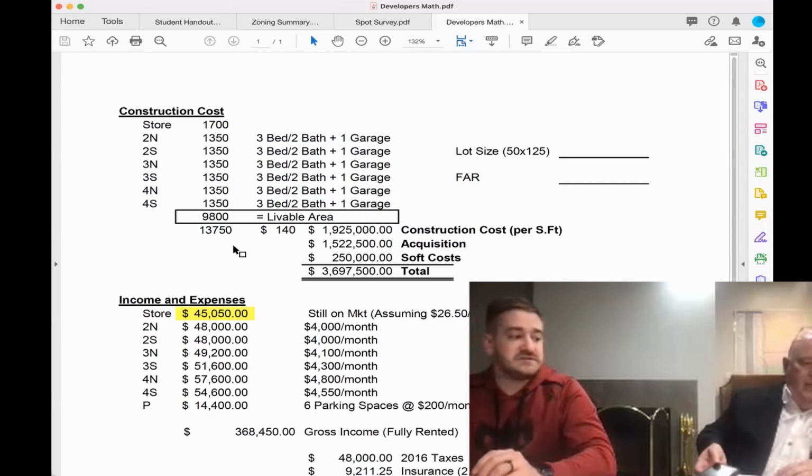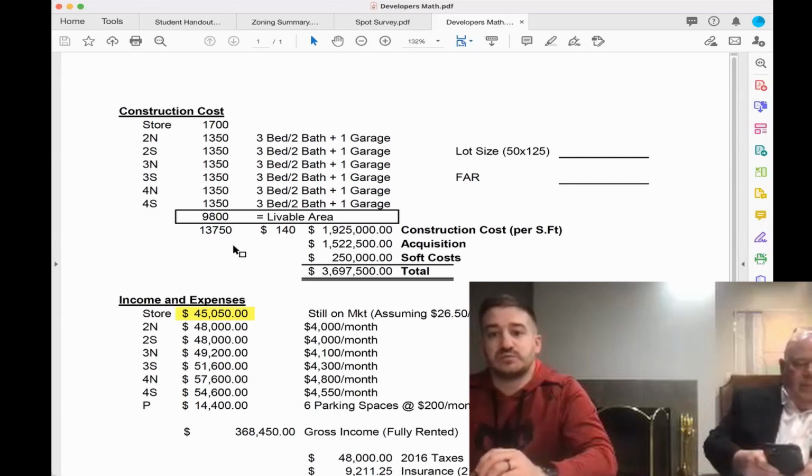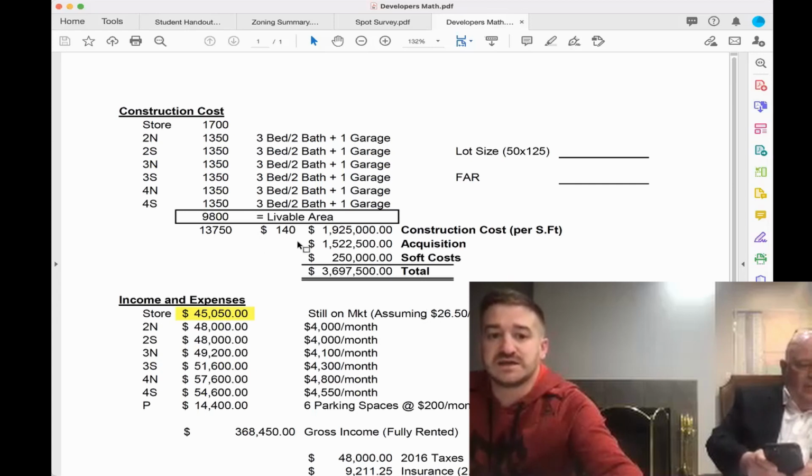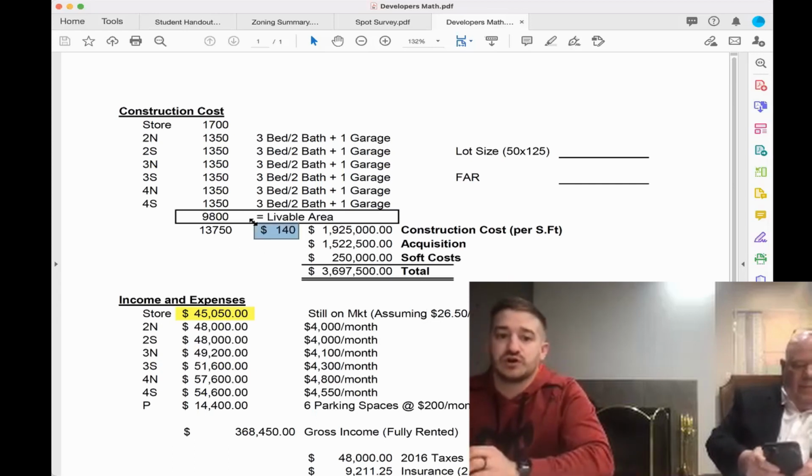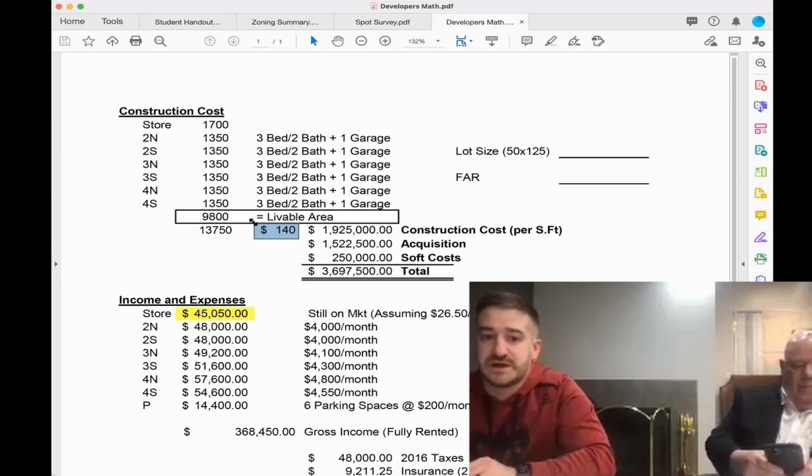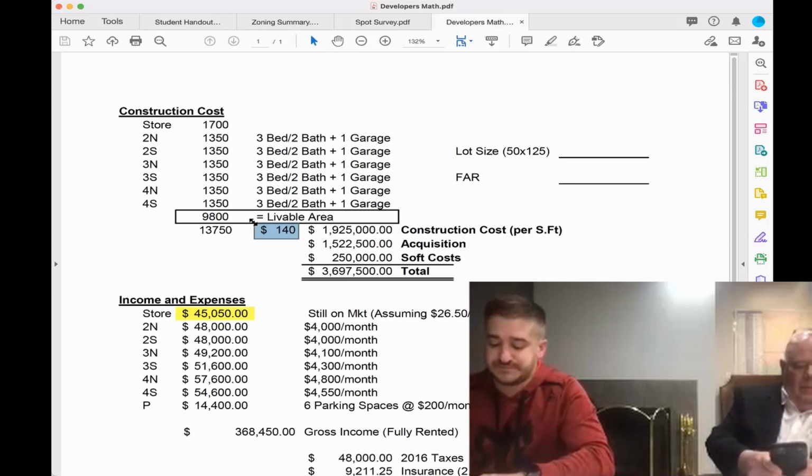Since he did a rental building back in 2017, his cost to build, he told us, was $140 per square foot. So in order for him to build this building, it cost him $1,925,000 in construction costs.